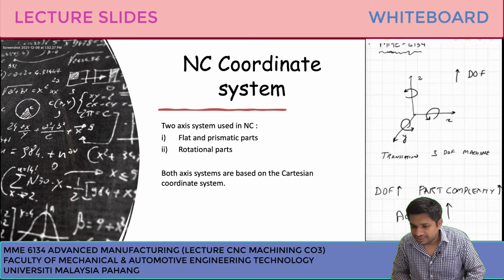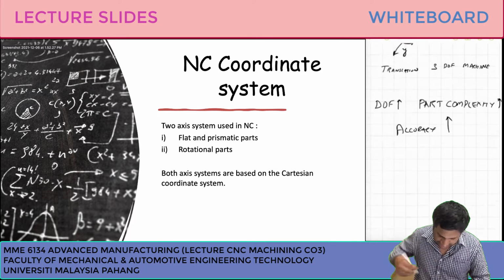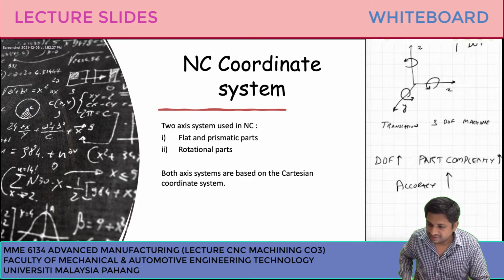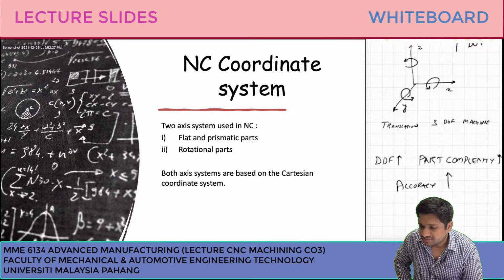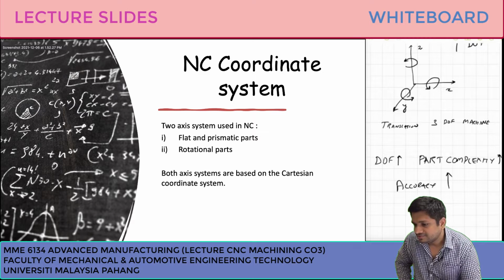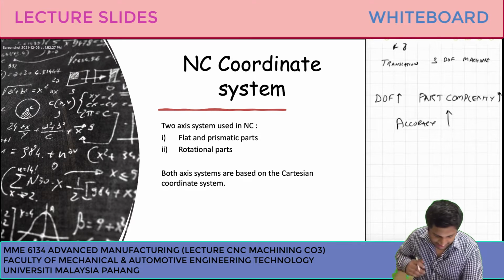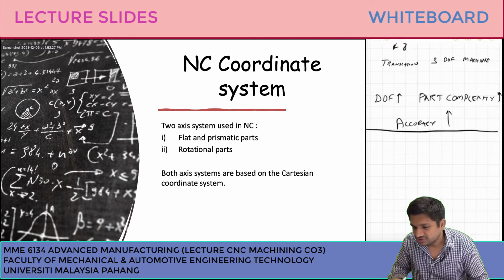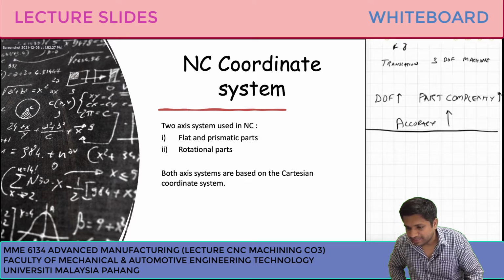Now this is very important: the NC coordinate system. Basically we have two coordinate systems. One is the flat or prismatic coordinate system for flat parts, and one is for rotational parts. So this translates to milling machine and turning machine.